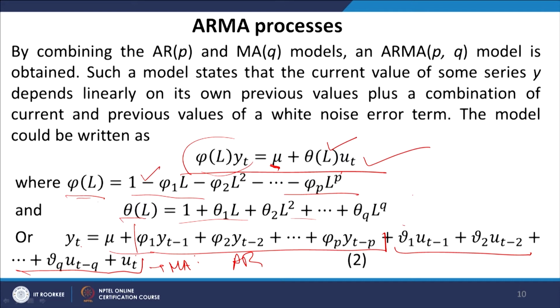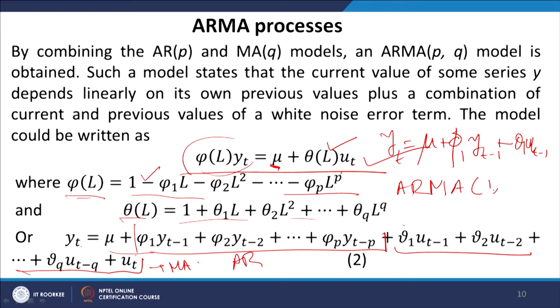P stands for the order of the AR component and Q stands for the order of the MA component. So, if it is like y_t equals mu plus phi_1 y_(t minus 1) plus theta_1 u_(t minus 1), then this will be an ARMA process of order 1,1. Similarly, we can go for an ARMA process of order 2,2, etc.